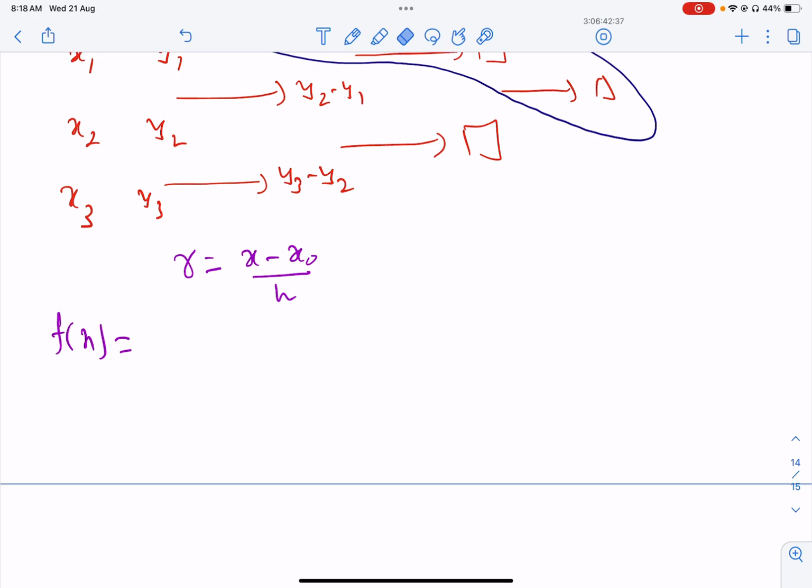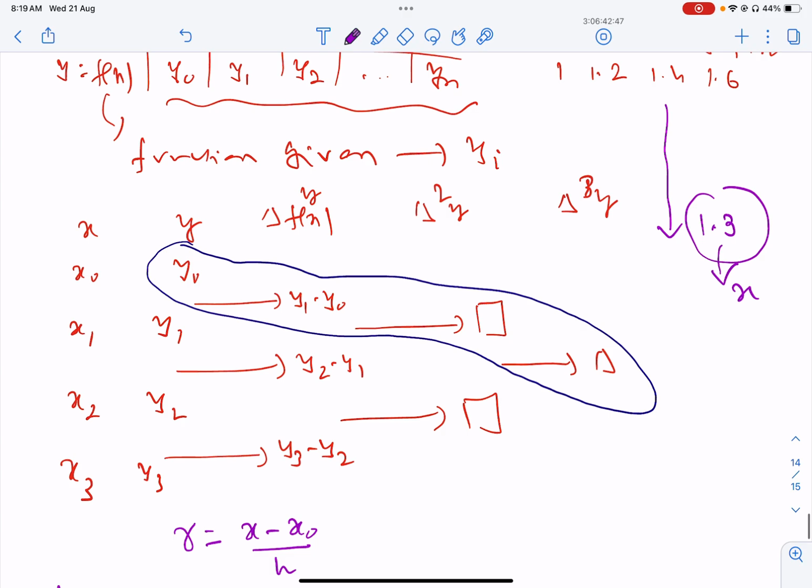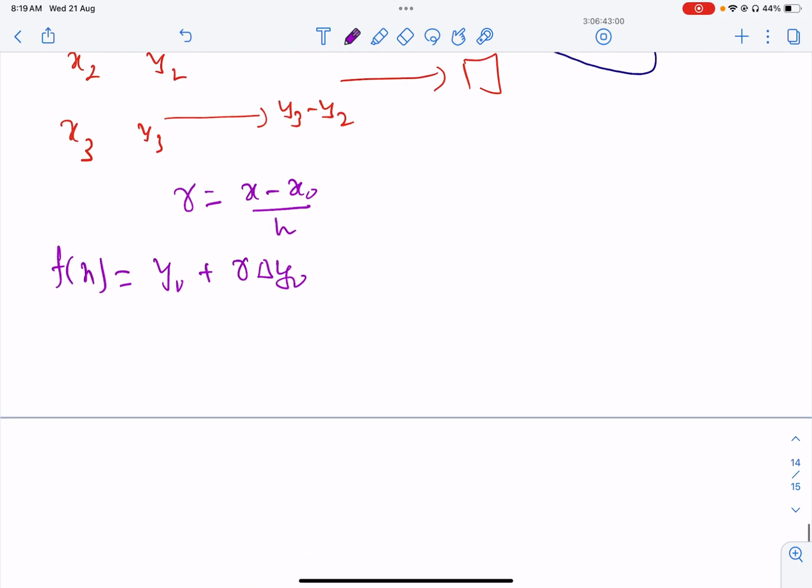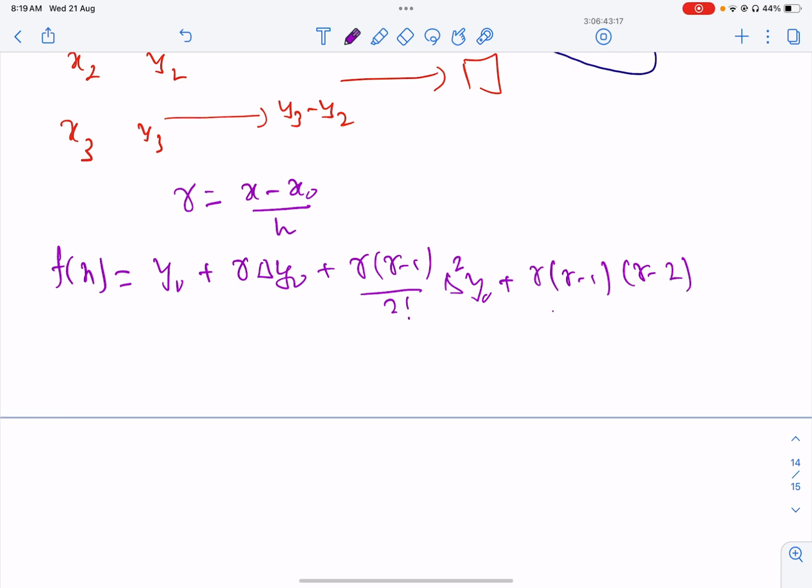And the value of the function at x is given by this formula, and that is nothing but y0 plus r delta y0 plus r(r minus 1) by factorial 2 del square y0 plus r(r minus 1)(r minus 2) by factorial 3 del cube y0 and so on.